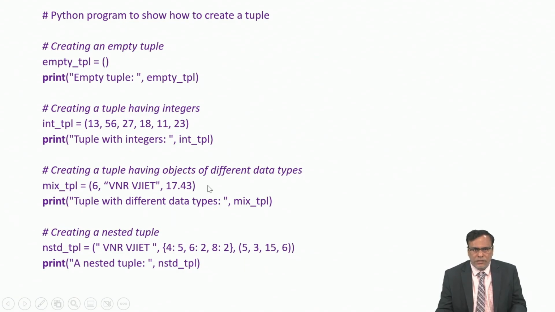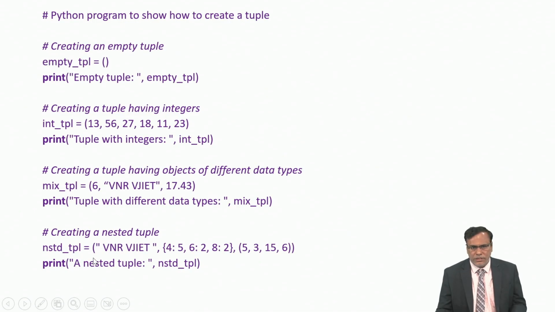The content of a tuple can also be heterogeneous data. Here you have the same type of integer data. Here you have different types of data, so I have given the name for this tuple as mixed tuple. It has 3 elements. One is integer data, the second one is a string, and the third one is float data.